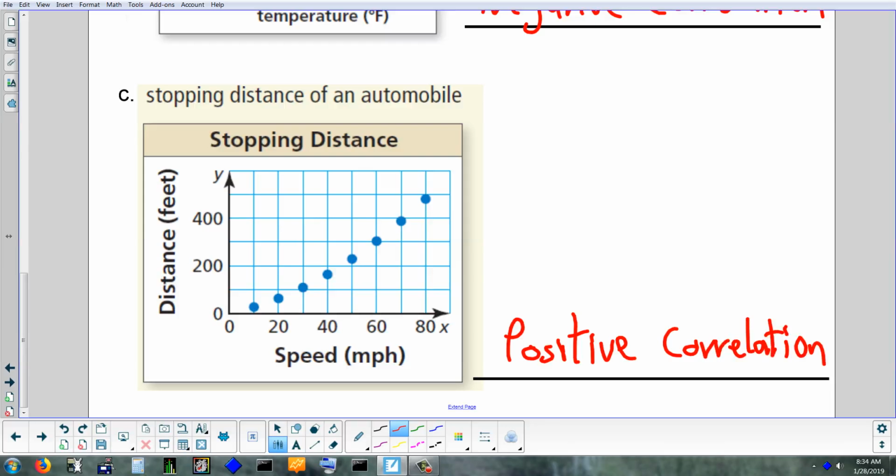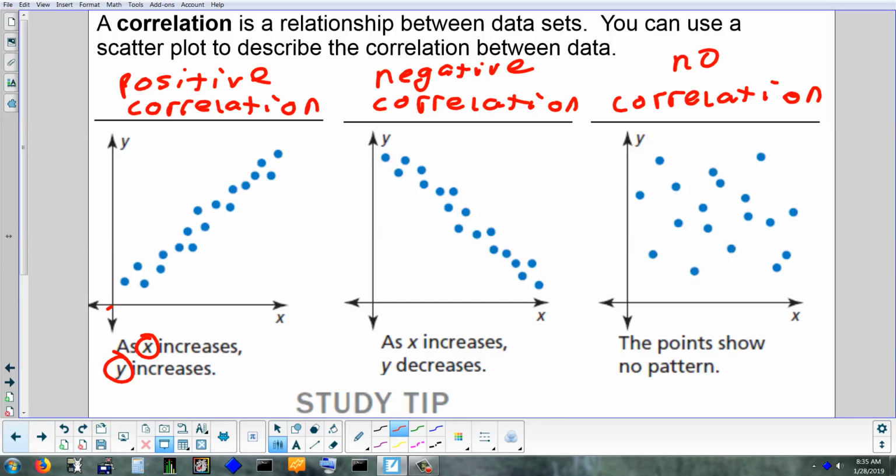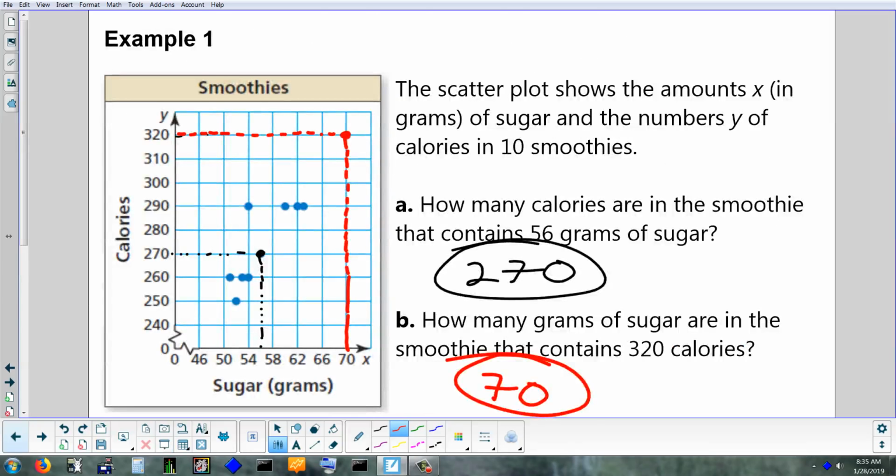Nothing more than that. And like Mr. Hager showed you, we'll ask you a question like that, but there's a couple questions included in it. Based on one scatter plot, we're going to ask you to say, okay, if it's 62, then how many calories? Okay, 290. It's just being able to read the scatter plot.